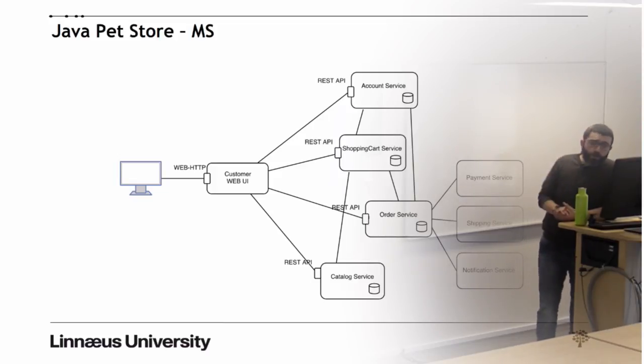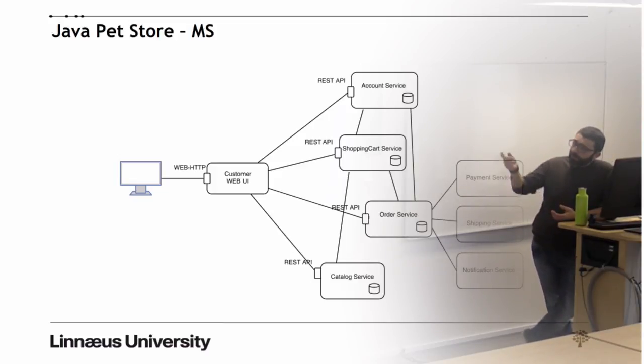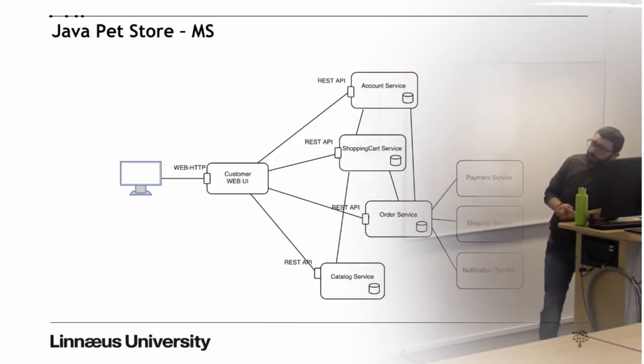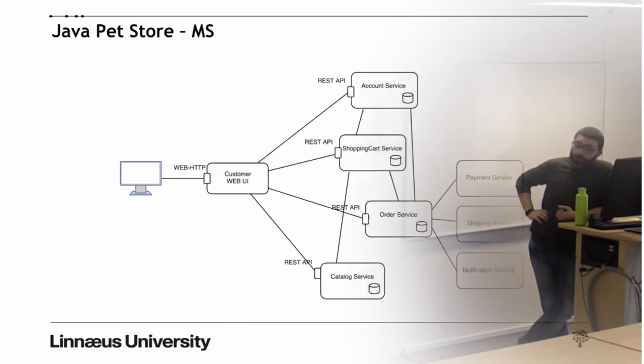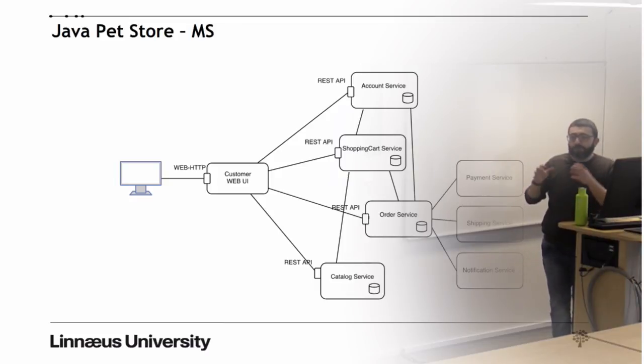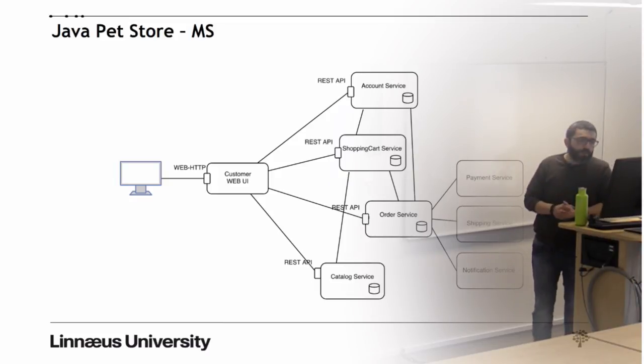So we have our client that interacts through the browser with this customer web user interface aggregator. The user interface aggregator just interacts with different types of microservices, and these microservices are implemented by means of REST API. So they are RESTful web services, but encapsulated within microservices.